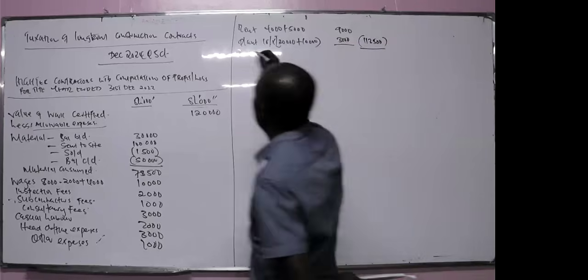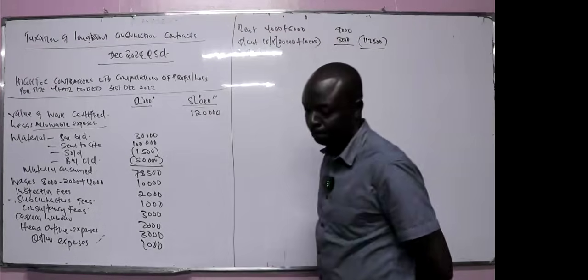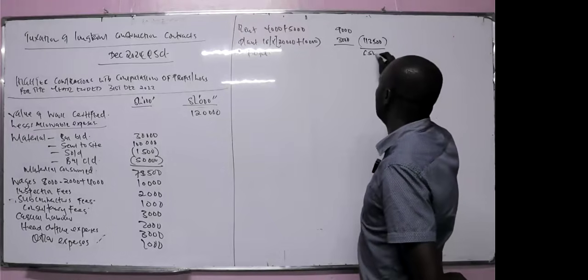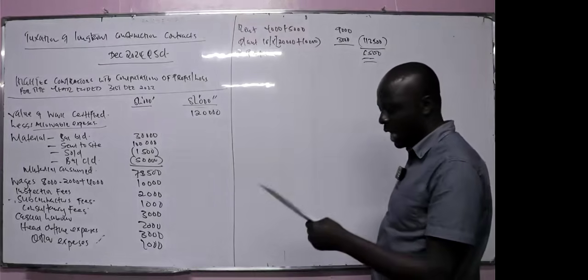Then here we have profit, 6,500. So that is number one, done.